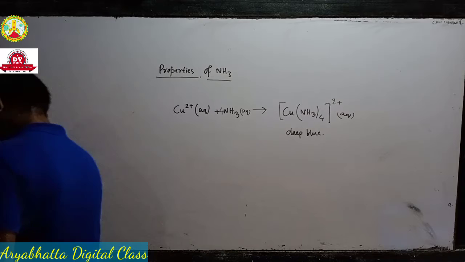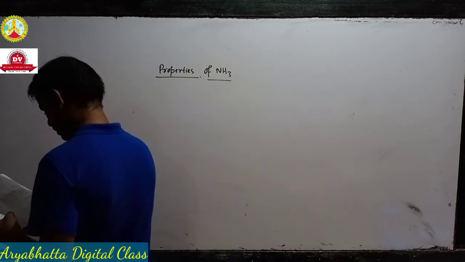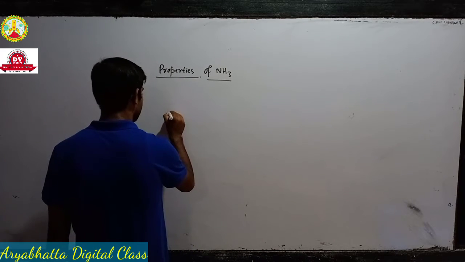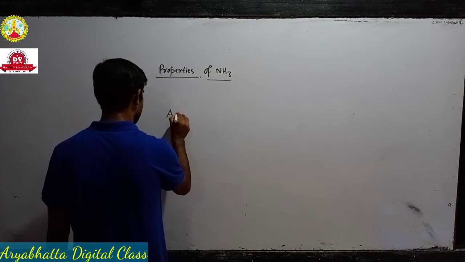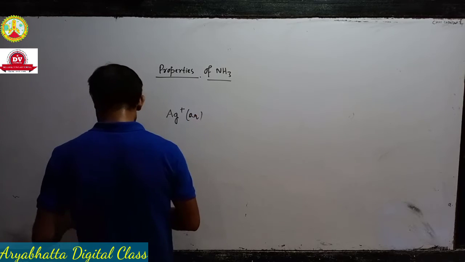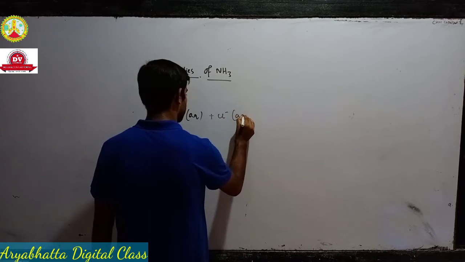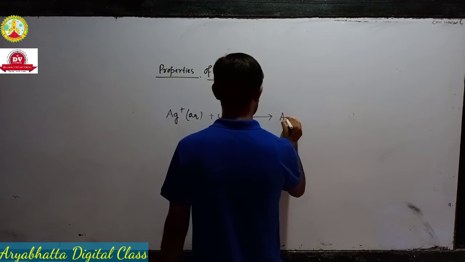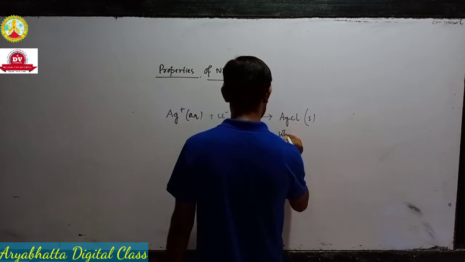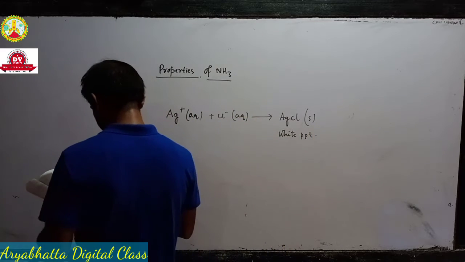Similarly, any silver salt in aqueous solution gives solid AgCl, that means a white precipitate.